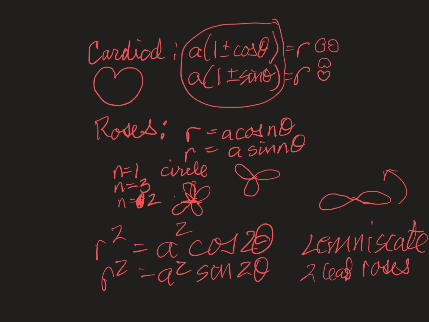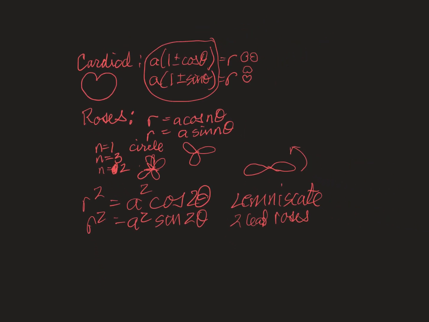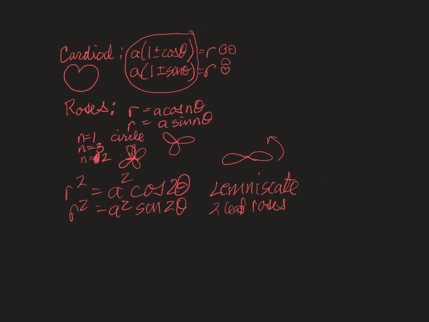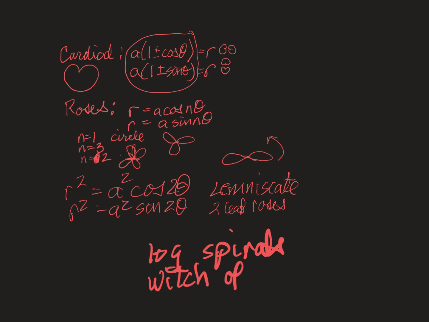So there are lots of other polar coordinate graphs, such as things called logarithmic spirals. One of my favorite names was called the Witch of Agnesi. It just means it's a hard graph. So you get all kinds of really great names for polar curves, okay?